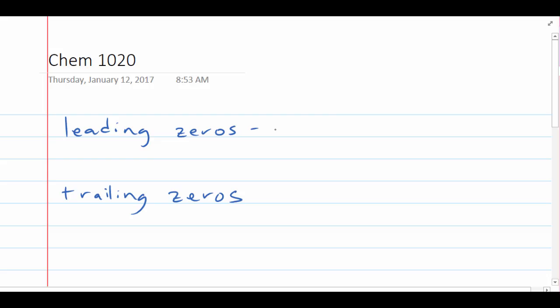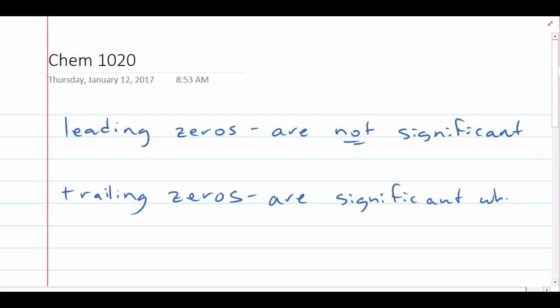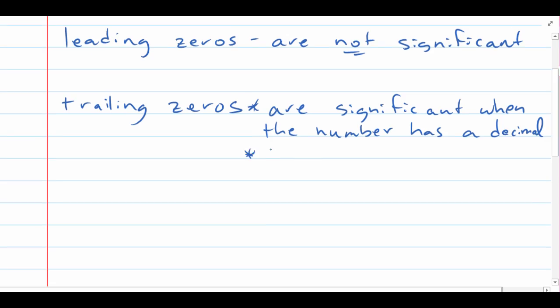When we look at leading zeros, we say that these are not significant. In the case of trailing zeros, we say that these are significant when the number has a decimal, and that they may or may not be significant when the number has no decimal.